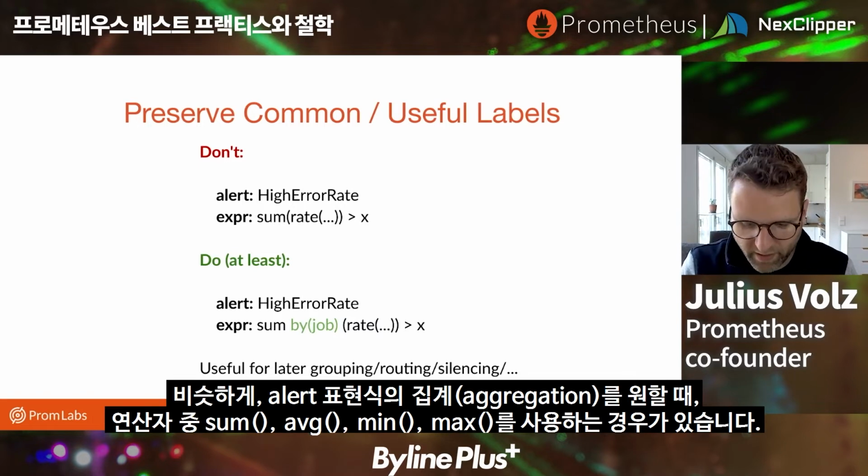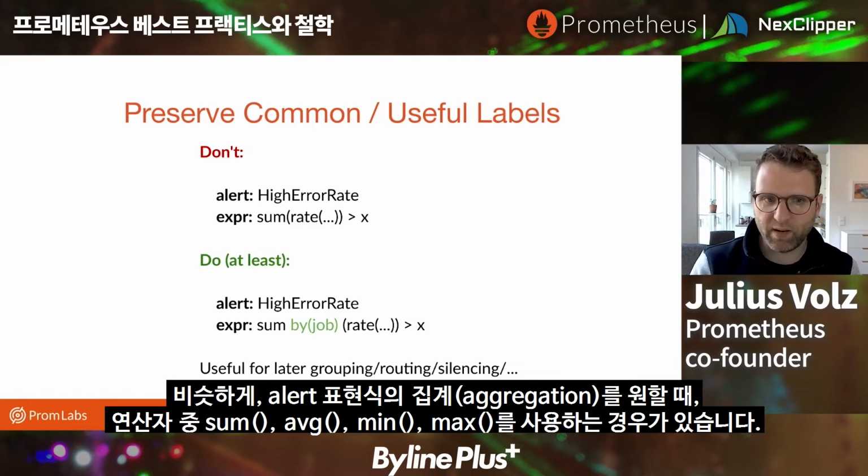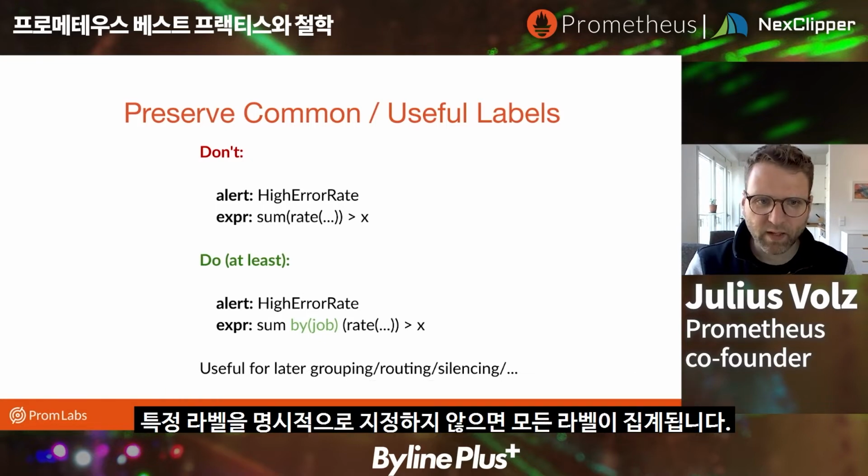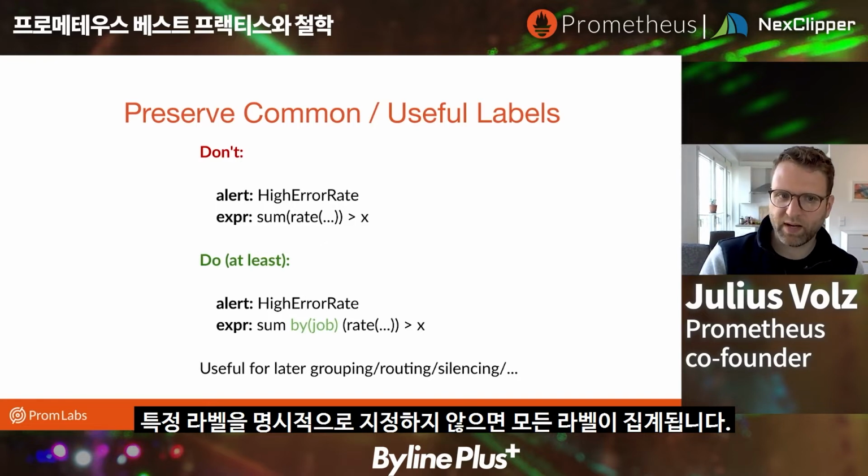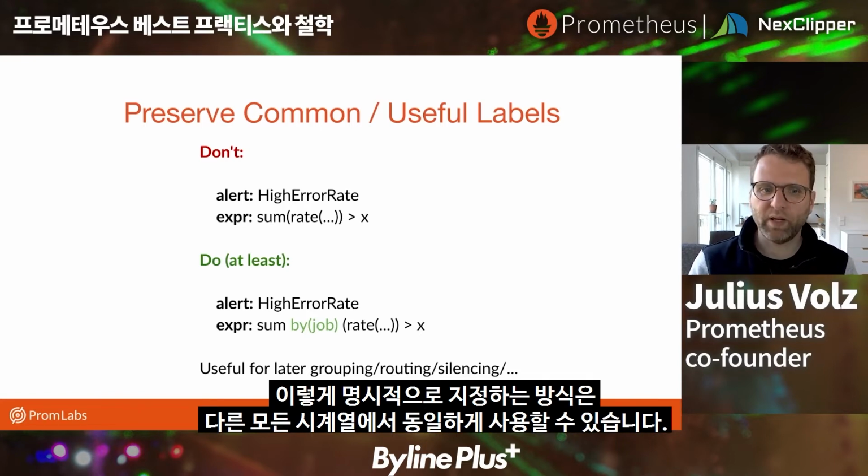Another common thing is when you have an alerting expression and you want to have an aggregation in there, and you use a sum, average, min, max, one of these operators that aggregates, then whenever you don't explicitly keep a specific label, it will be aggregated away. Even labels that might be really helpful to keep and that are the same across all the time series you're aggregating over.